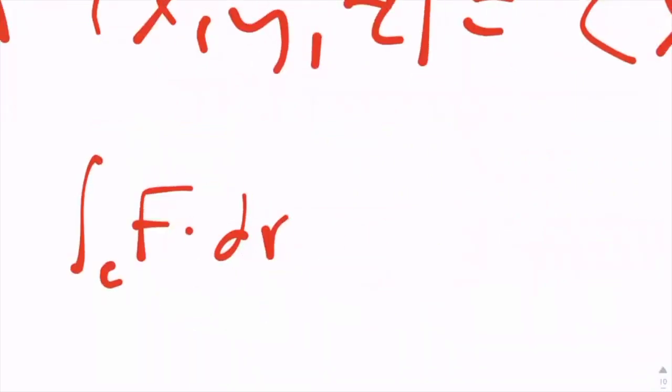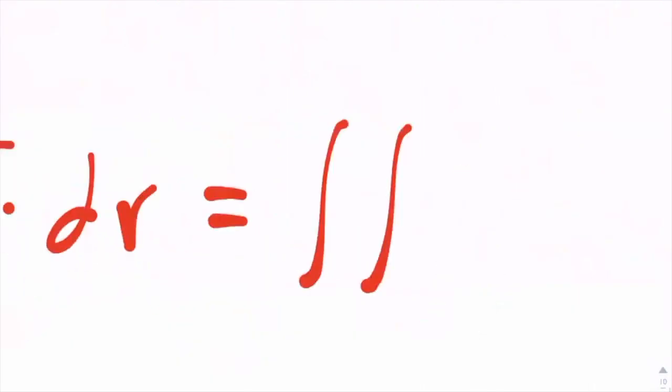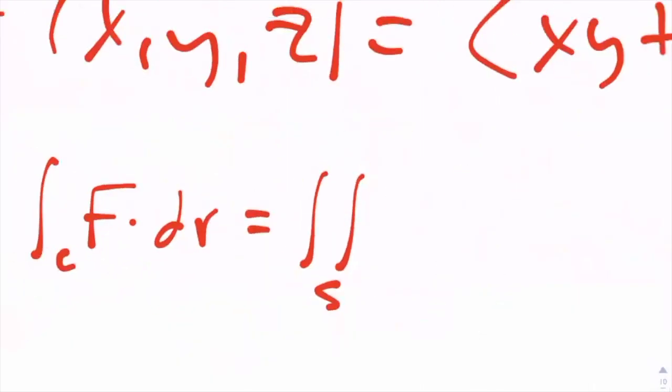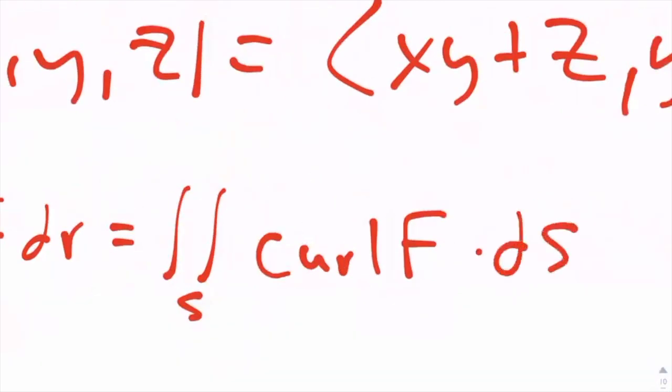So we know that Stokes' theorem tells us that the integral of F dot dr for the curve C is simply equal to the double integral over a region S of curl F dot dS.